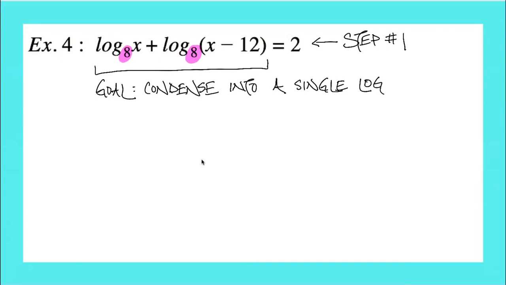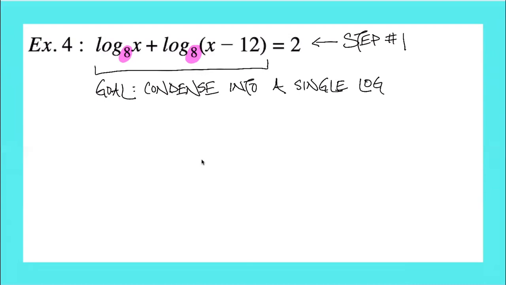Okay, so that's our goal. If we had a question that only had one log and only had a number and an expression with x, we could be able to solve it just like we did with examples 1, 2, and 3. Okay. So we're going to leave this question for right now.